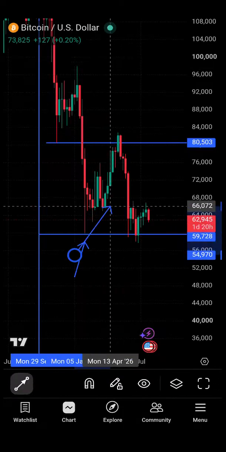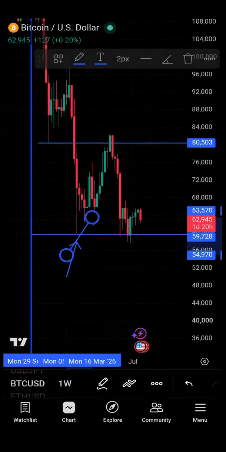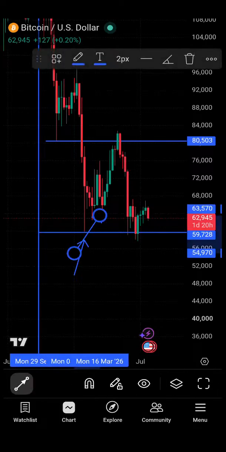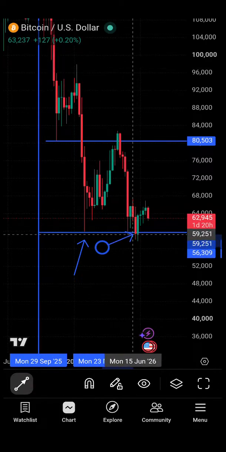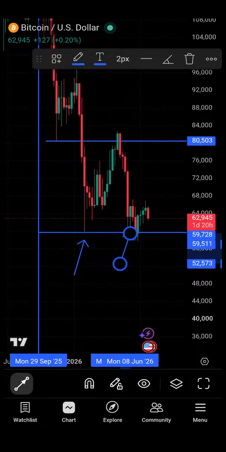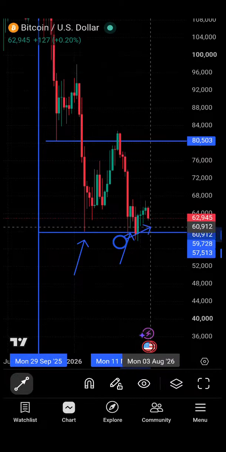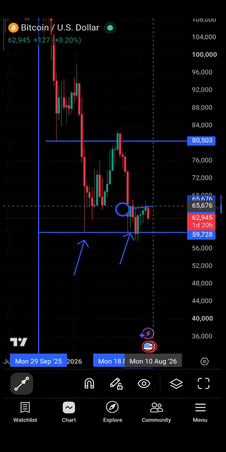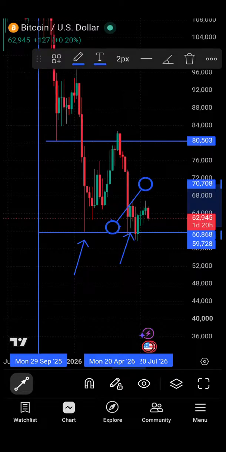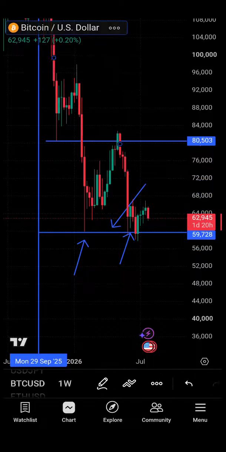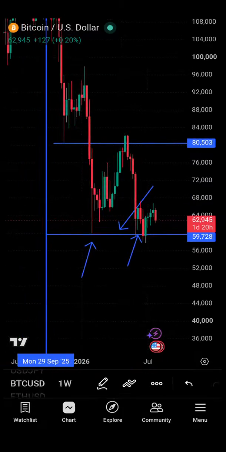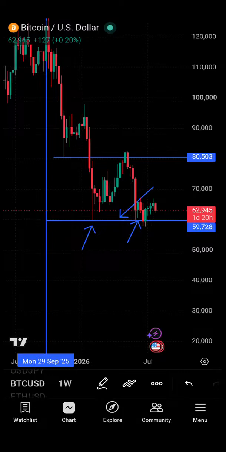We're expecting a lower low, but currently Bitcoin is holding above this area. Still trading above this area. So what we're expecting, since last year, Bitcoin has been creating lower lows and lower highs.